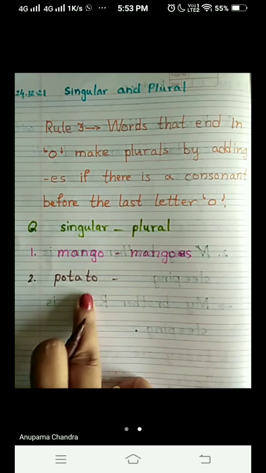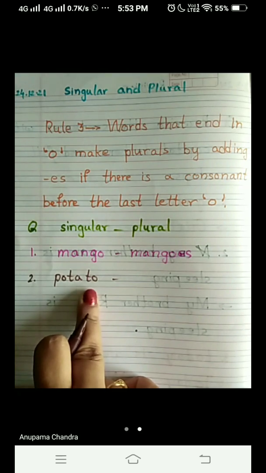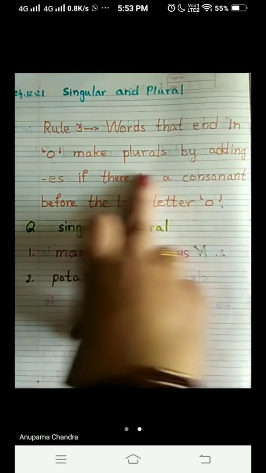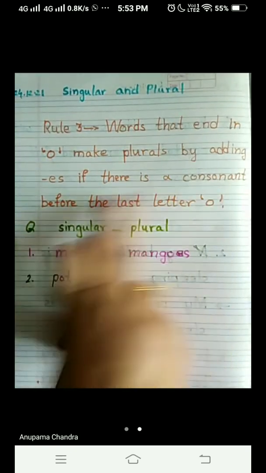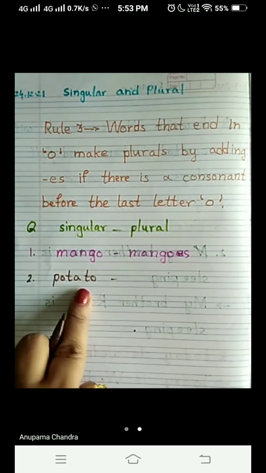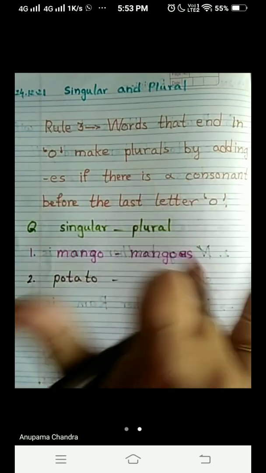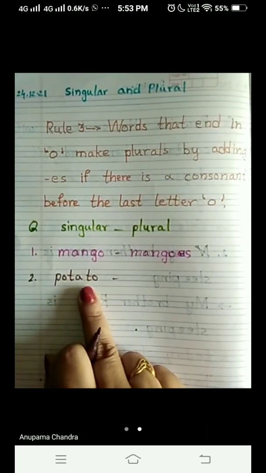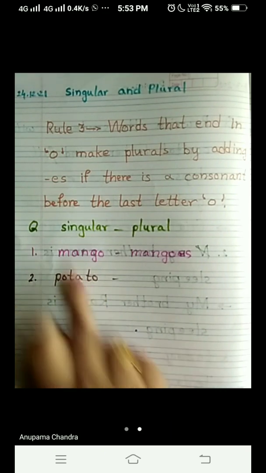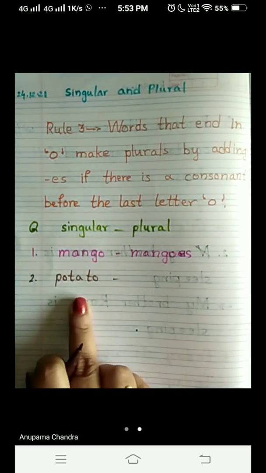So, potato ends with an O. Yes, it ends with an O. And if there is a consonant before the last letter O, we have T before O. Yes, that is a consonant. T doesn't come in vowels. A, E, I, O, U. So, T is a consonant. So, we can apply rule number 3 in this word as well.